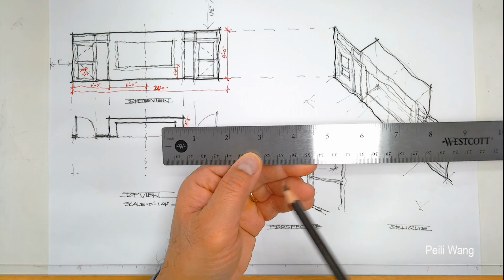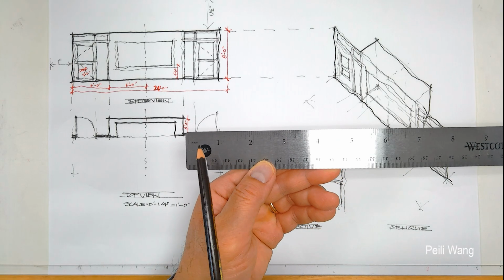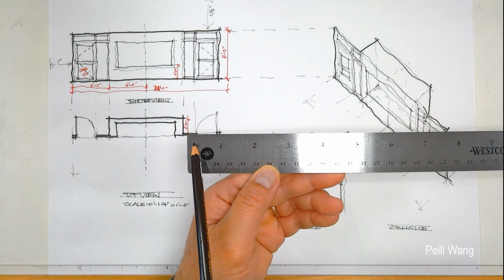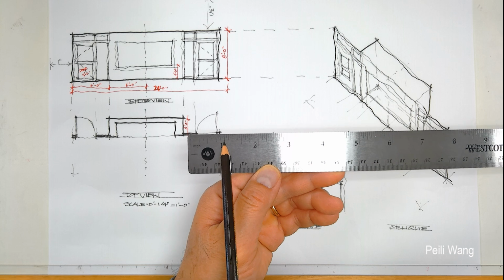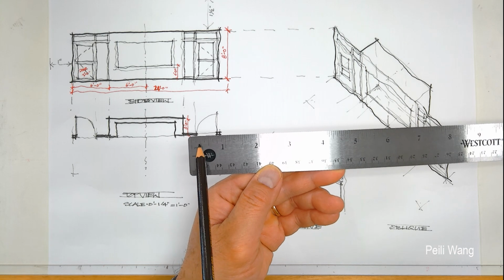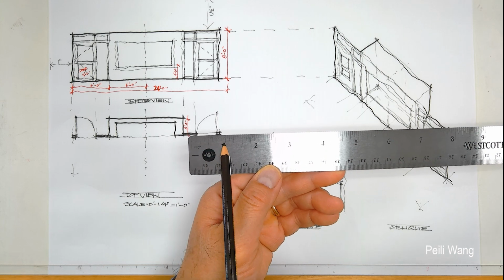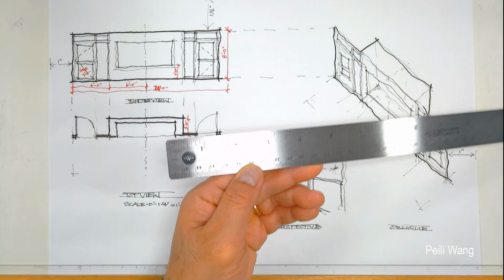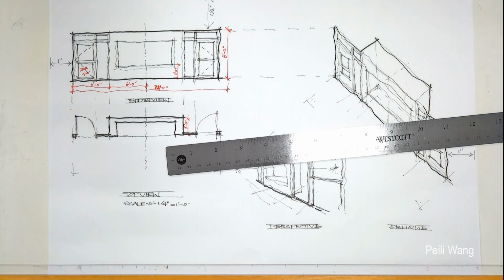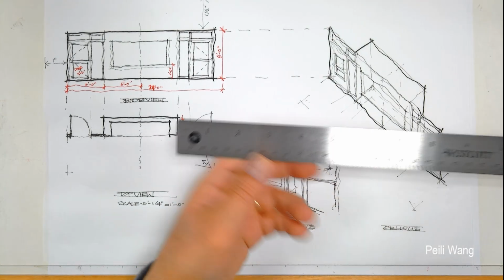Or if you don't have a scale, if you just want to use this one, same thing. If I want to find 24, make sure 1/4 inch equals foot. If I have one inch, this is 1, 2, 3, 4. So 1 inch divided by 4.